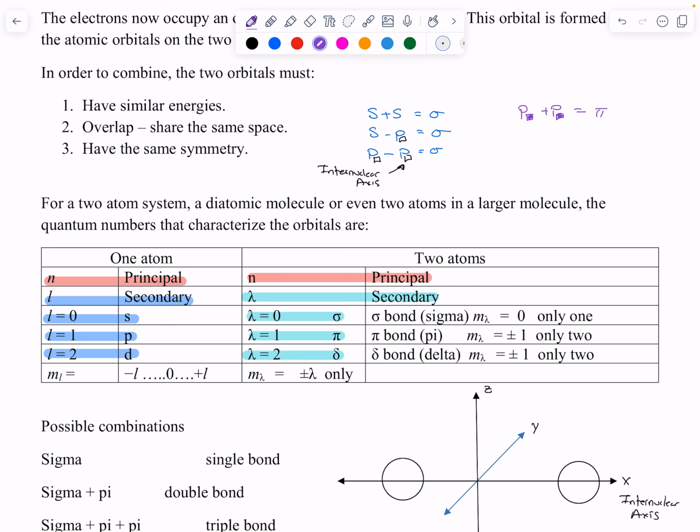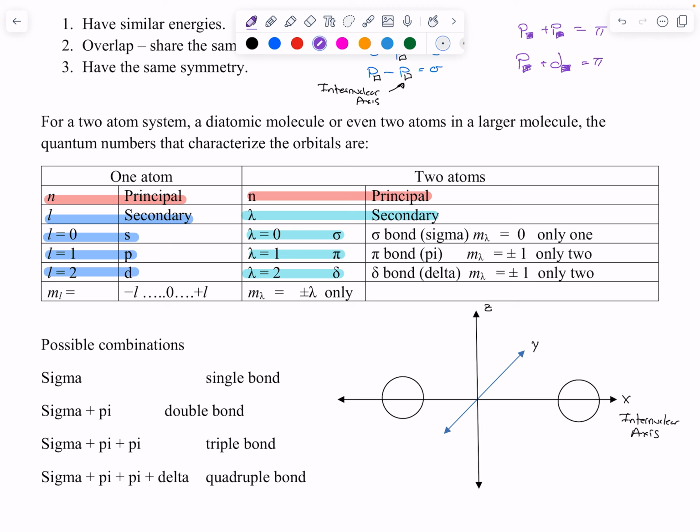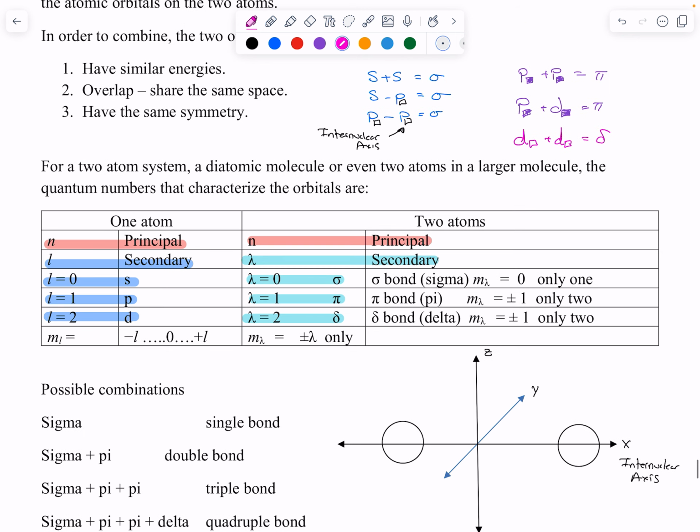And then maybe we can have a p and a d. And then there is a delta bond, the quadruple bond, and that's going to be a d plus a d, and that would be a delta bond. So those are our options, okay?